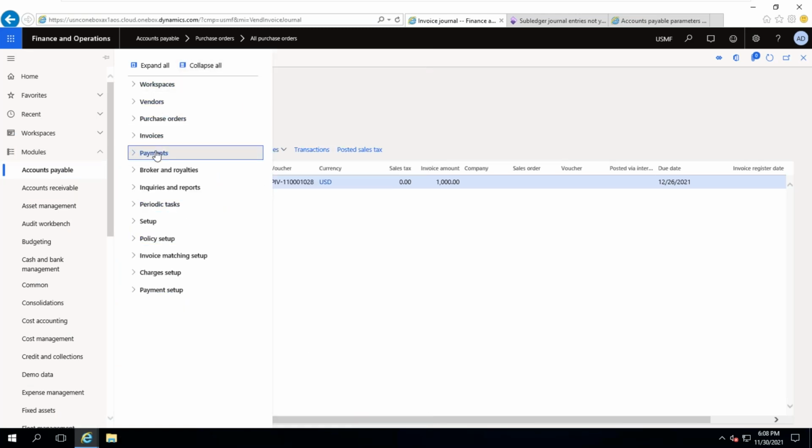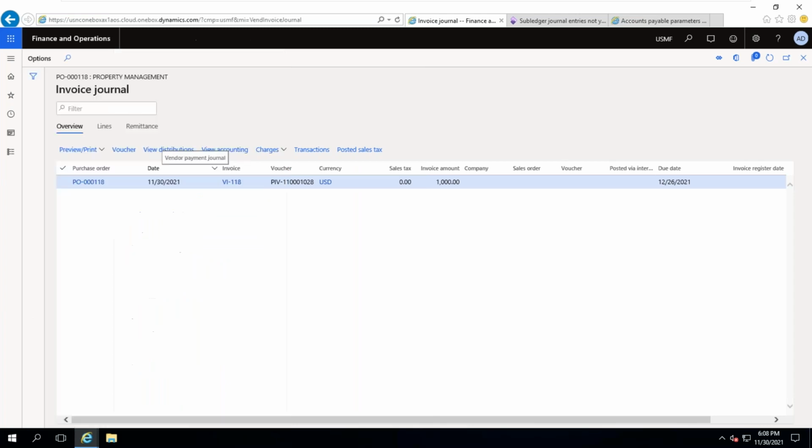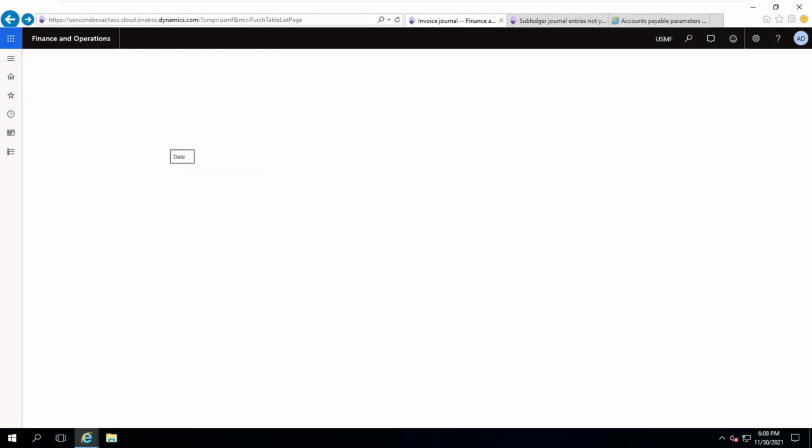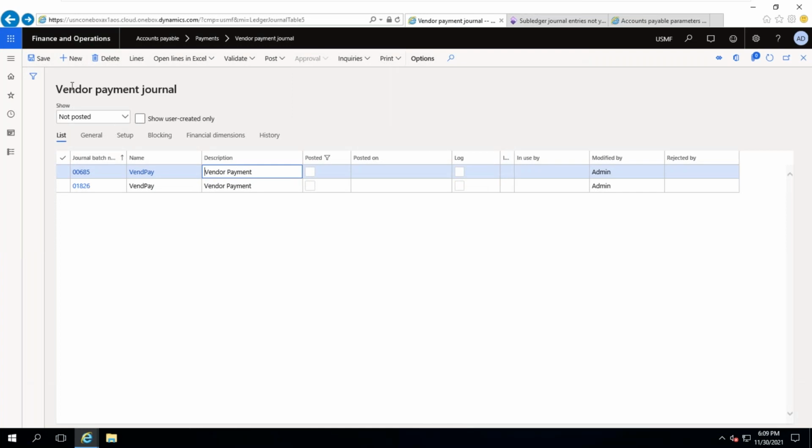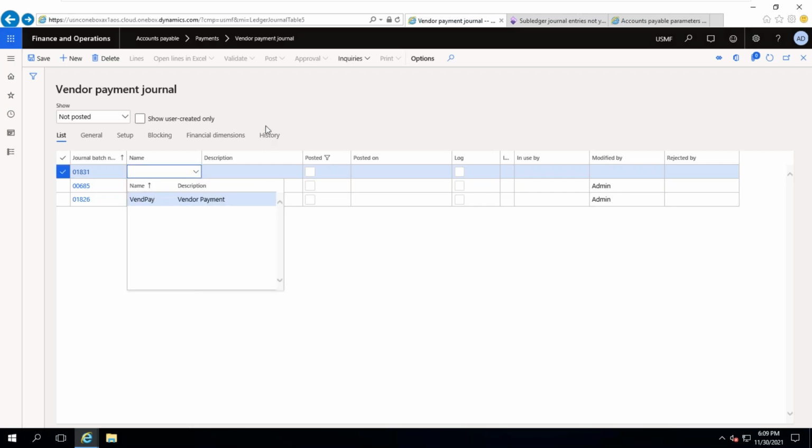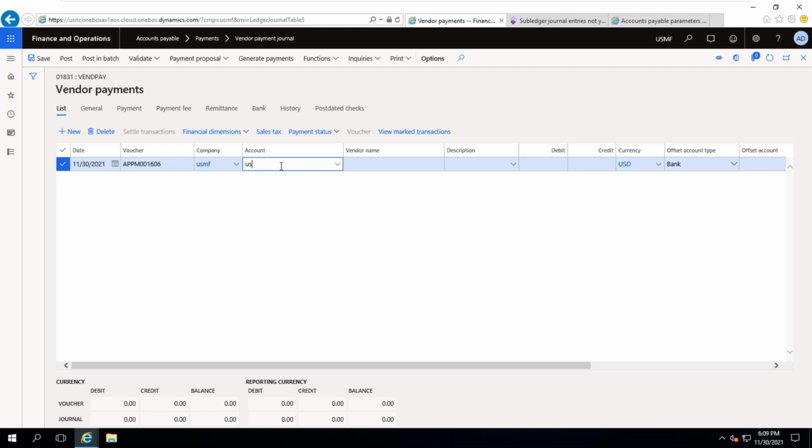Collapse all, payments, vendor payments. Click on new, select vendor payment journal, go to lines, and select the vendor property management, US 109.